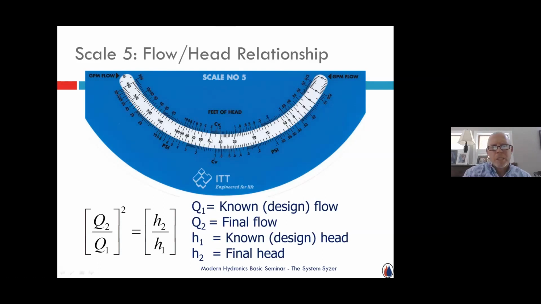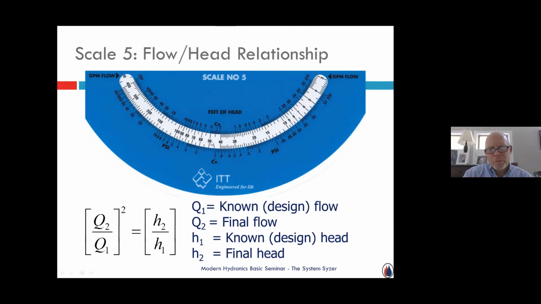So 50 gallons a minute, 3 feet of head loss. Within that same circuit, that same system, if I said, hey, what happens if I doubled the flow rate? Would I double the head?